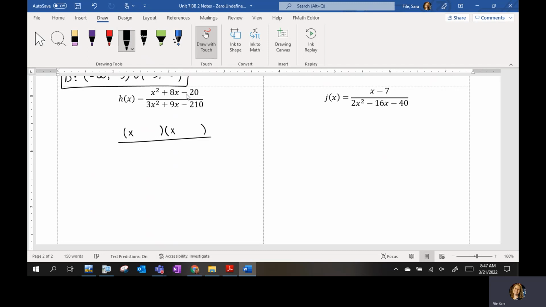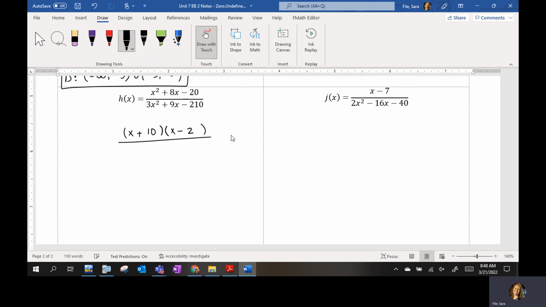It's got to multiply to a negative, so we've got to have one positive and one negative. And the larger number is going to have to be positive for it to add to a positive. So what numbers multiply to 20 but subtract to 8? +10 and -2. Good.